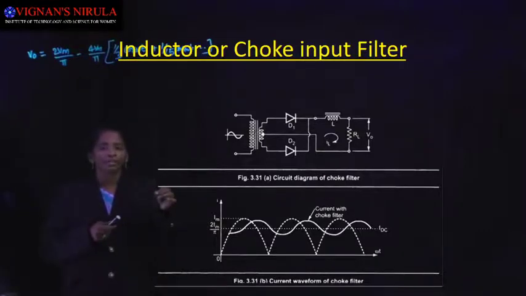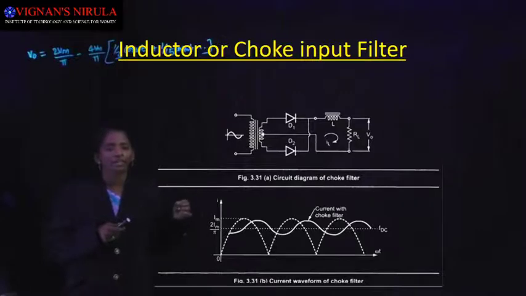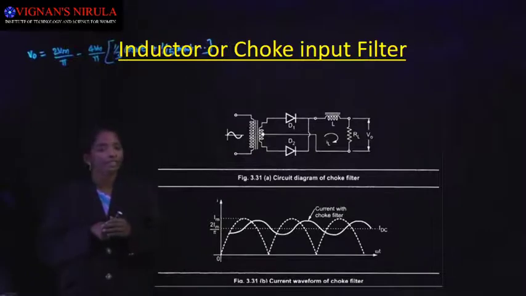The second and higher terms give very little DC output, so here we are neglecting the third and higher components. We are considering only the first and second terms.